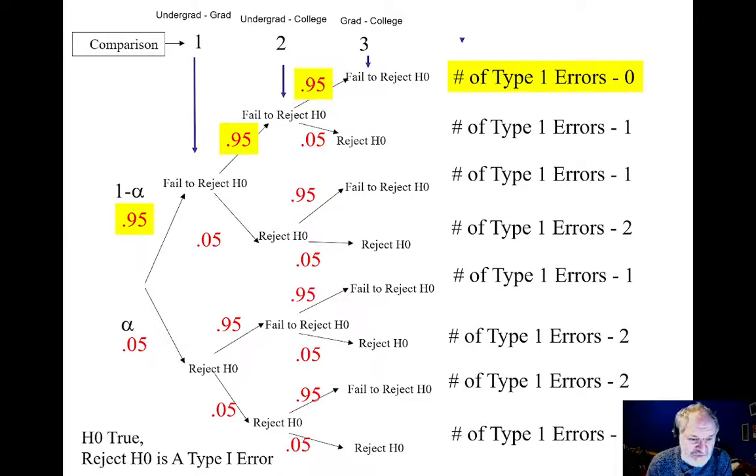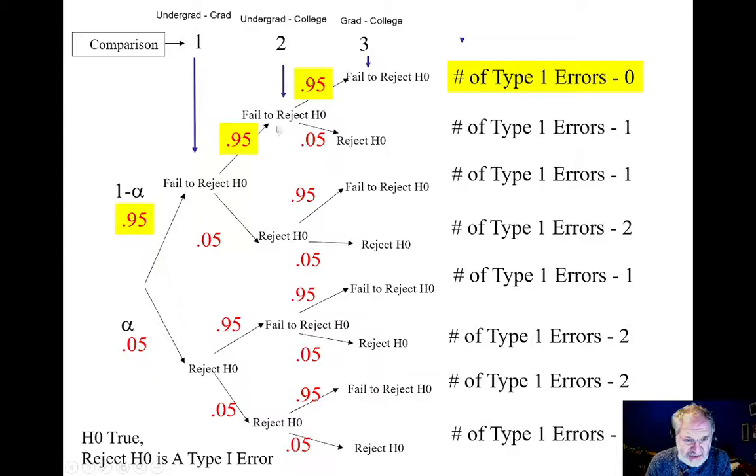So for the first t-test, the correct decision is to fail to reject H0. And if my alpha is 0.05, the correct thing would happen 95% of the time, right? So that's my first t-test.